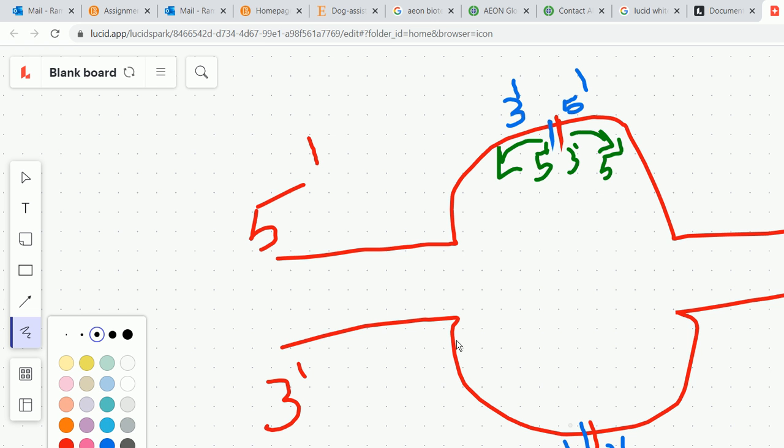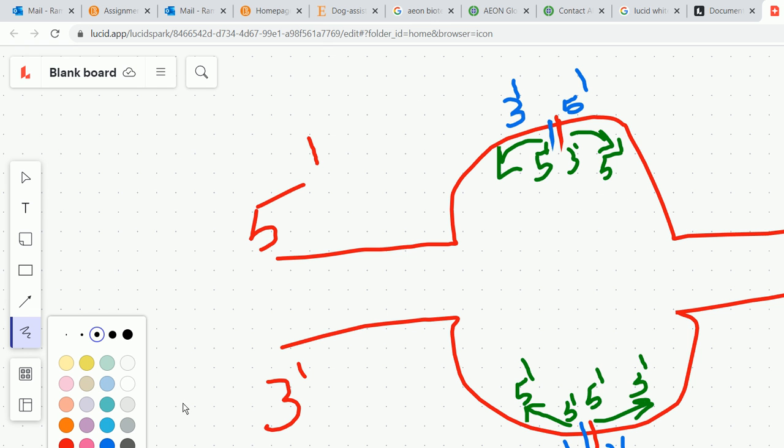For this side, if this is 5 prime, this will have 3 prime, this will have 5 prime. For this side, if this is 3 prime, this is going to be 5 prime, this is going to be 3 prime.